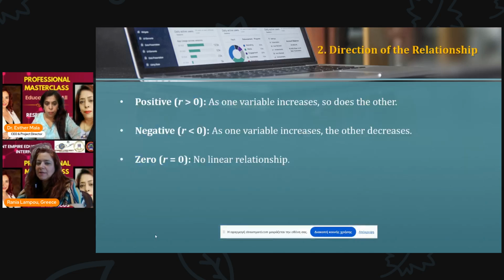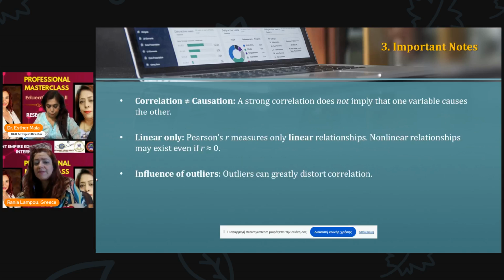What about the direction of the relationship? Positive: as one variable increases, so does the other. Negative: as one variable increases, the other decreases. Zero: there is no linear relationship. Important notes here: a strong correlation does not imply that one variable causes the other. It's very different to say correlation and causation.